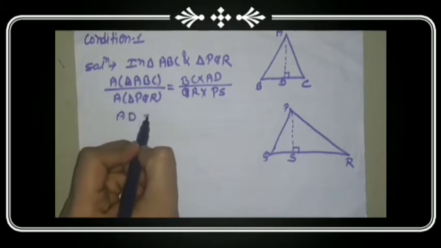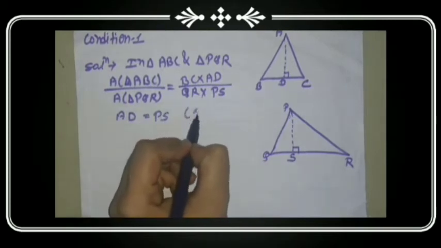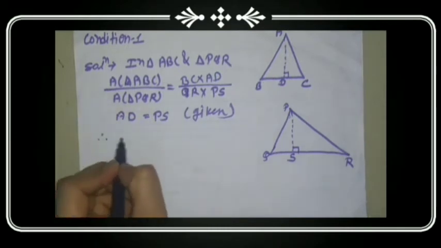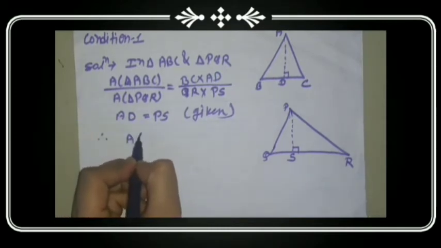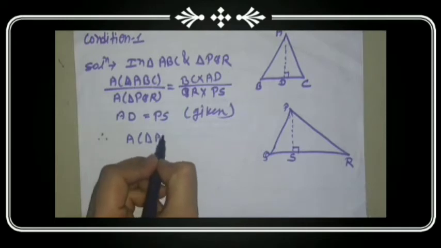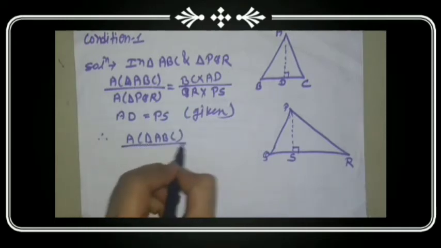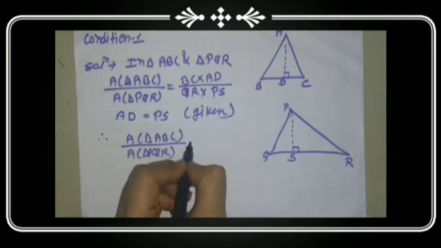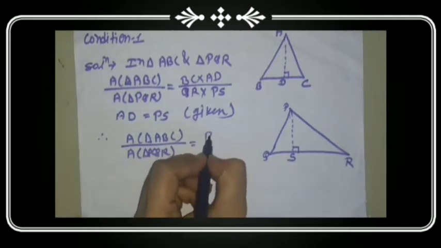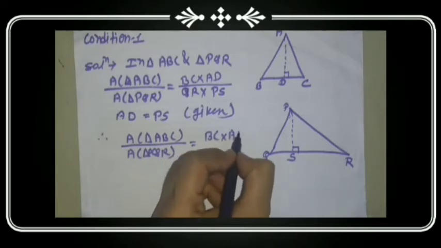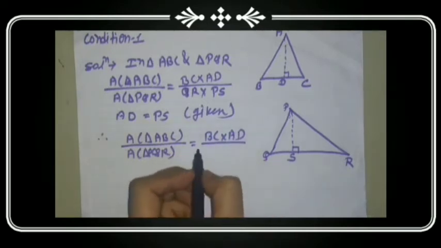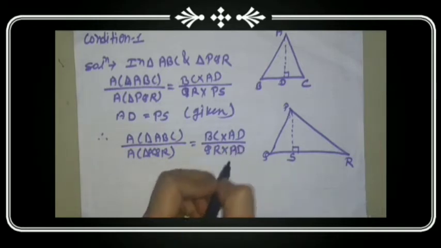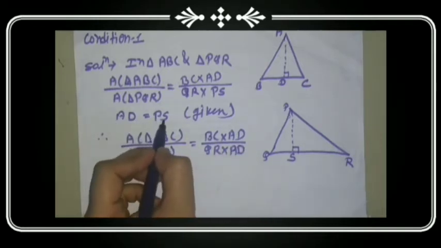AD equal to PS given in this condition. Therefore, area of triangle ABC divided by area of triangle PQR equal to BC into AD divided by QR into AD, because AD equal to PS.